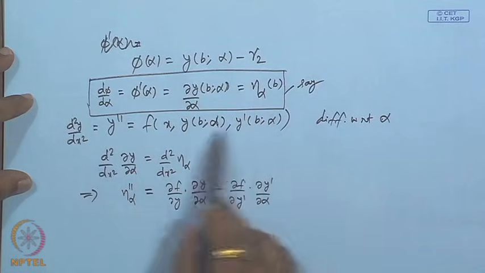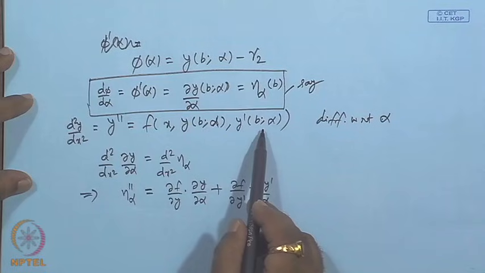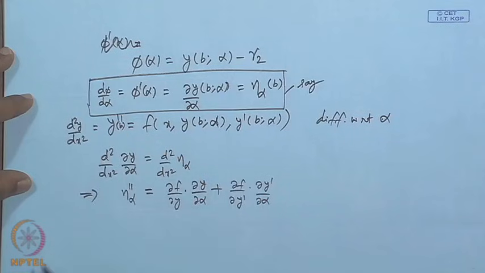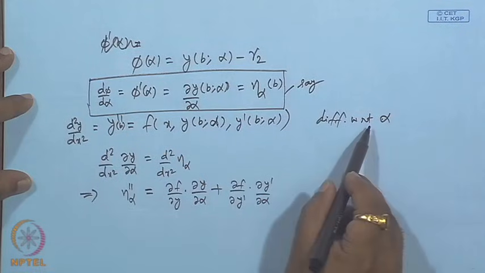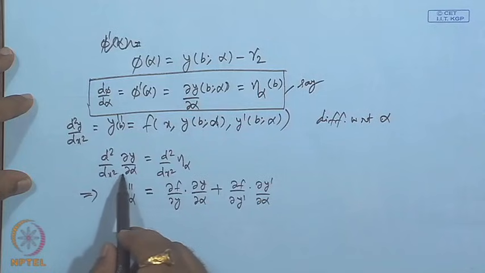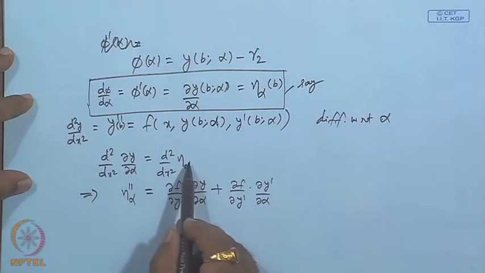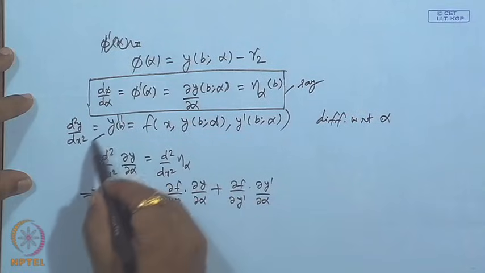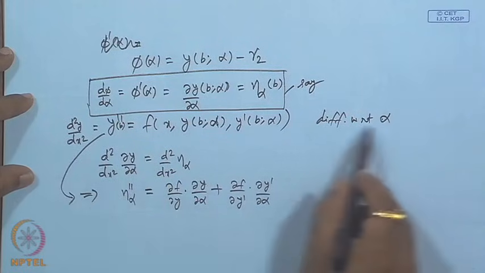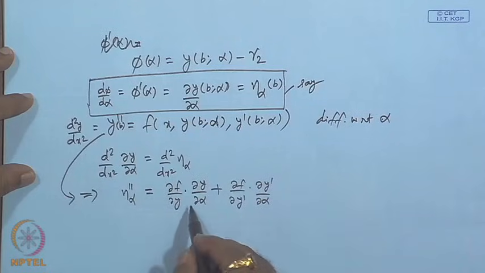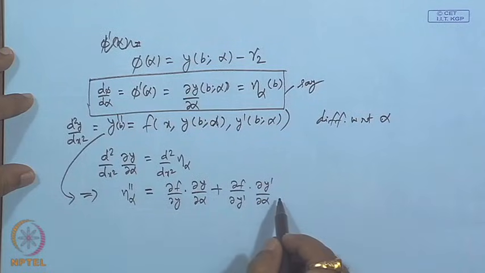Then we have this original given ODE written at b, differentiating both sides with respect to alpha. I have shown the working. So, this is the transformation. This reduces to, on differentiating with respect to alpha, the left hand side becomes this and the right hand side becomes, using the chain rule, this.